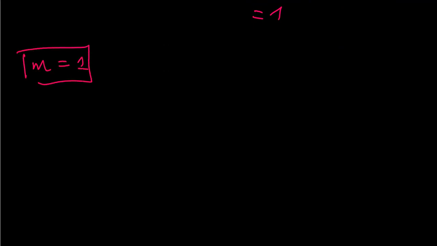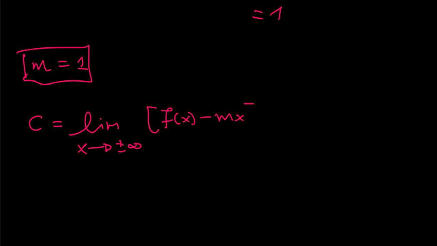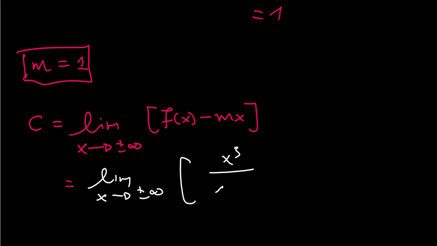Now the next thing we do is we get the value of c. So c is simply the limiting value as x approaches plus or minus infinity of f of x minus mx. So we get the limit as x approaches plus or minus infinity of x cubed divided by (x plus 1) all squared, minus 1 times x.